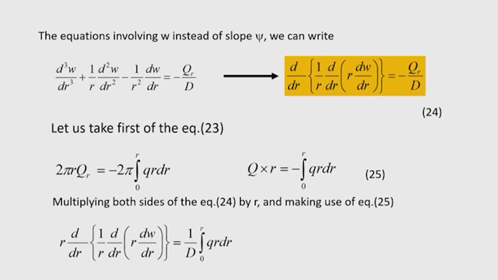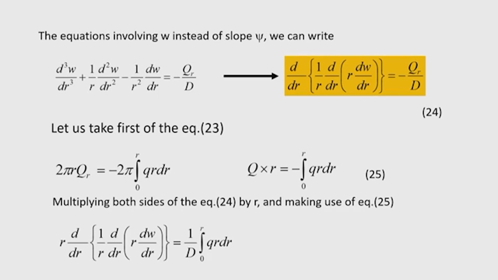So, q r is the radial shear per unit length. Multiplied by the circumference of this circular ring, 2 pi r, we get the total shear force along this circumference.